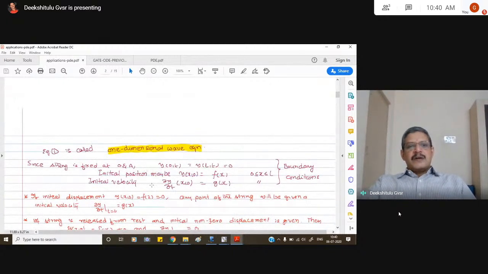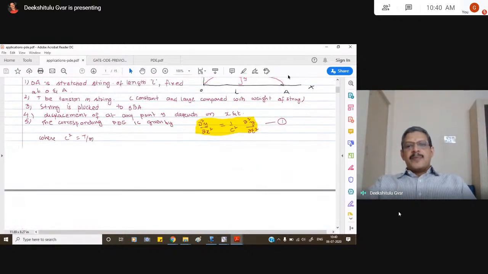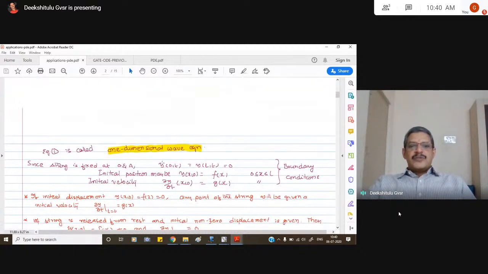This equation 1 is called the one-dimensional wave equation. So what do you understand? At the endpoints, that is at x = 0 and at x = L, the displacement is 0. So y(0,t) = y(L,t) = 0. These are the two important conditions.